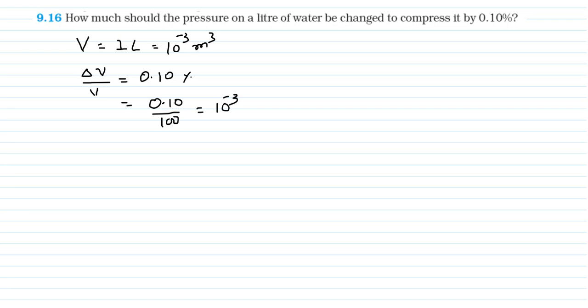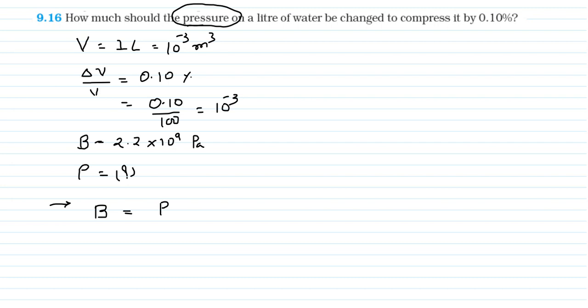Okay, and here you have given that bulk modulus of water, that is 2.2 into 10 raised to 9 Pascal. You want to find out how much should the pressure, that means आपको calculate करना है pressure. Once again friends, the sum is very easy.